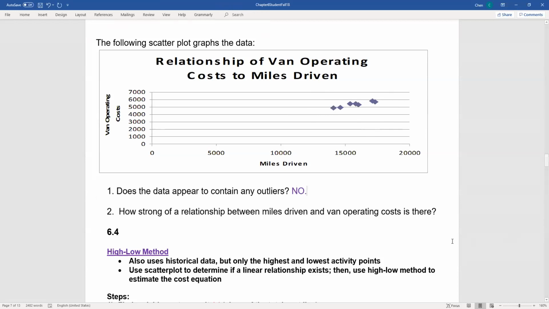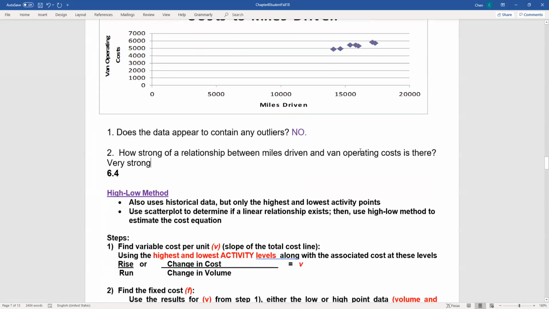And the second question is, how strong of a relationship is there between miles driven and van operating costs? I would say this relation seems very strong, okay? Because it's showing an upward trend, and the total cost increases as your miles driven increases, okay?